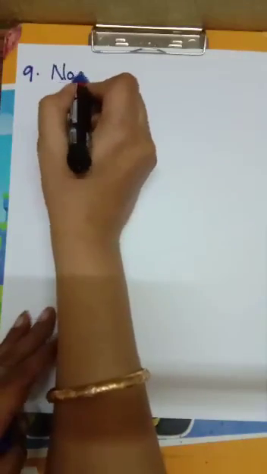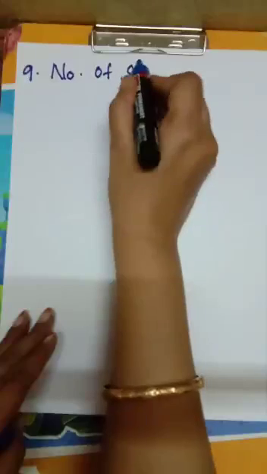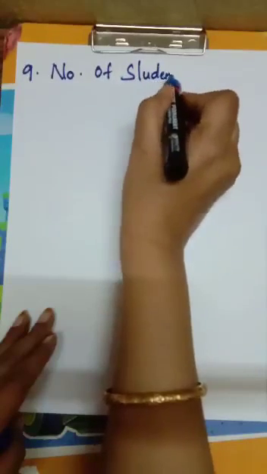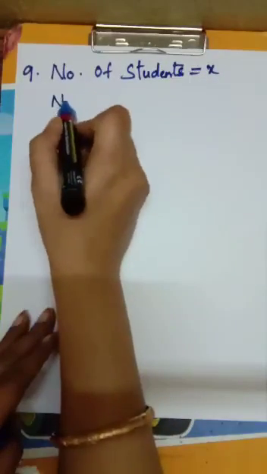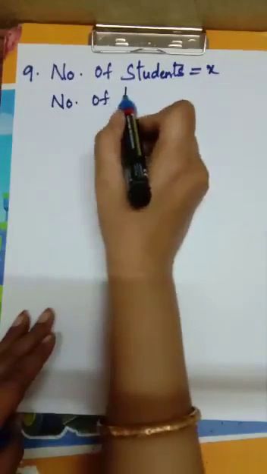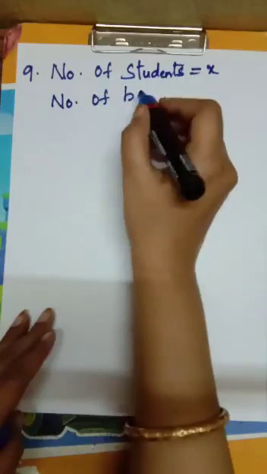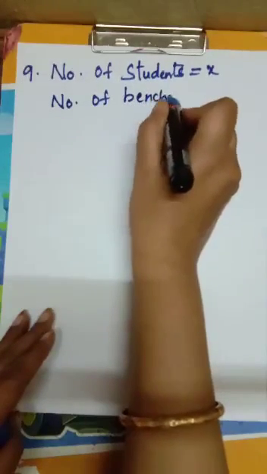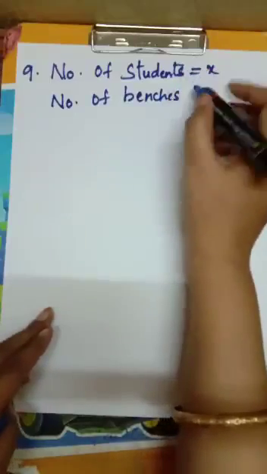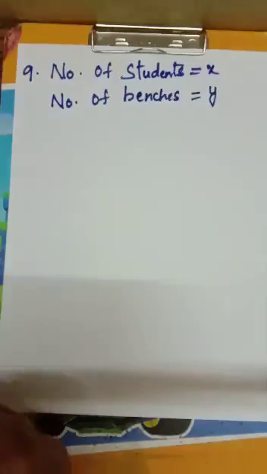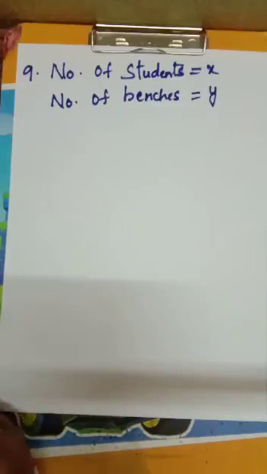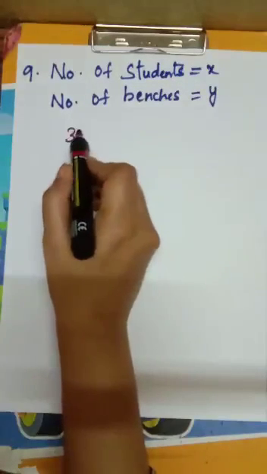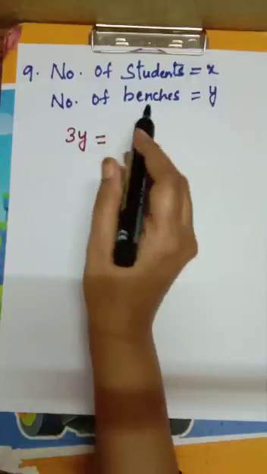First I'll write this. Let number of students be x. Number of students क्या है हमारा x. And number of benches be y. चलिए अब according to the problem सुनिए आप. 3 students sit on each bench. 3 बच्चे अगर एक बेंच पे बैठे, so what will happen?